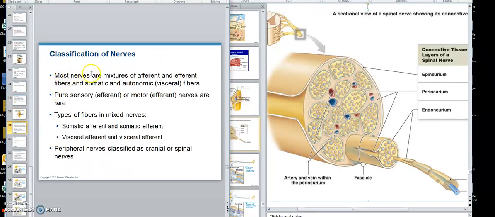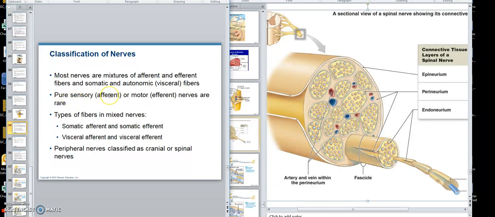Classification of nerves. Most nerves are mixtures. All these fibers, some of them could be afferent and some could be efferent. Some could be autonomic neurons, some could be somatic neurons. So nerves are mixed. Most nerves are mixtures of afferent, efferent, somatic and autonomic. Pure sensory or motor nerves are rare.